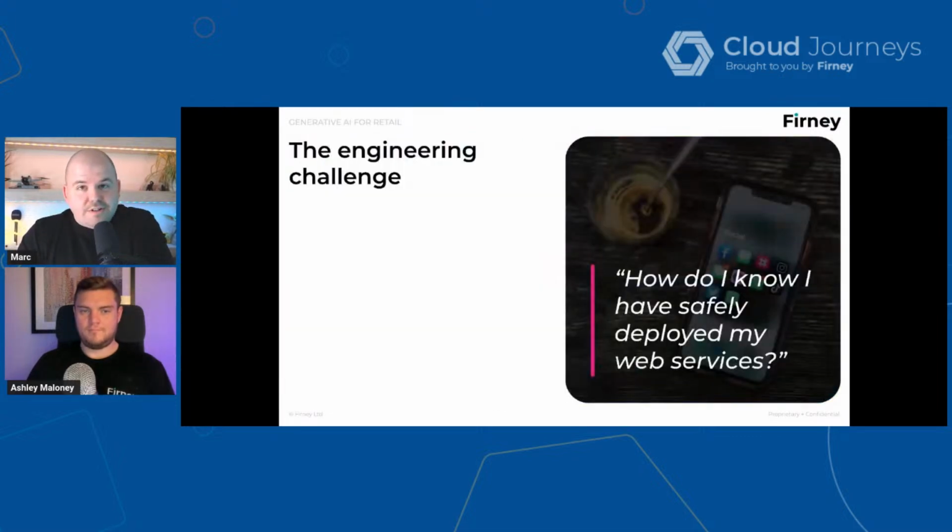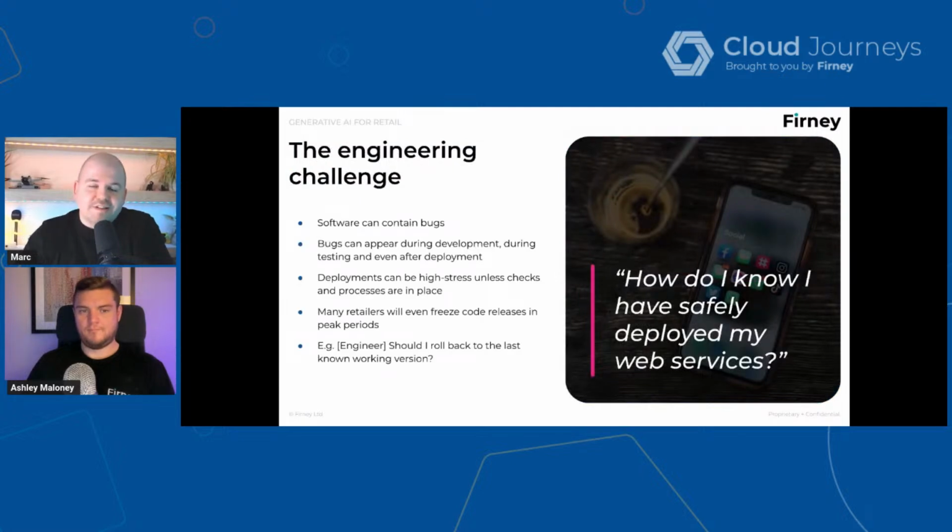And that actually leads us quite nicely onto engineering of automation, where this is quite relevant. So the challenge here in this use case is, for engineers, as Ashley and I know very well, is the software actually good enough to release into production?